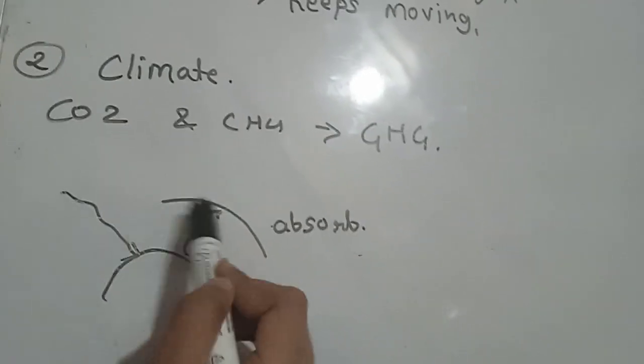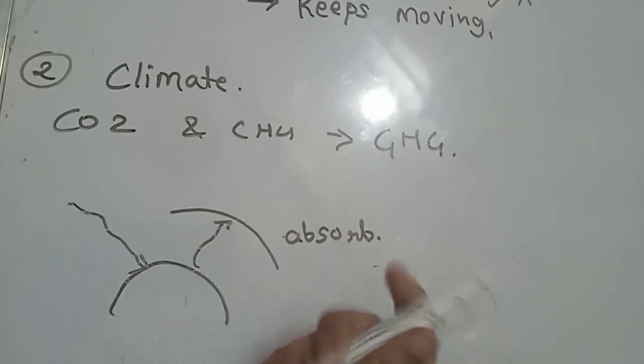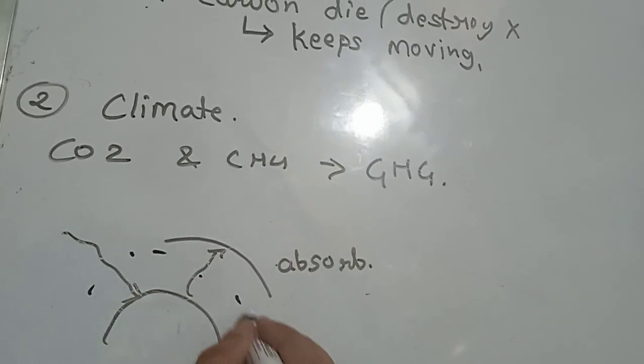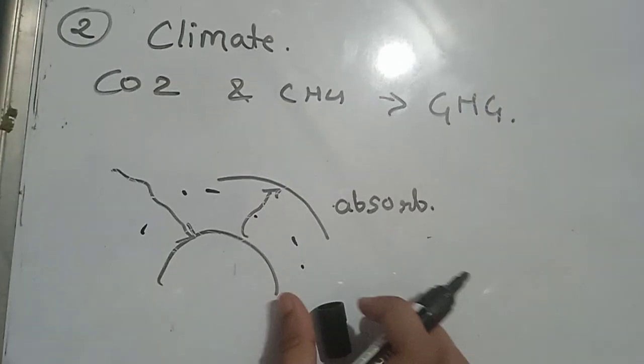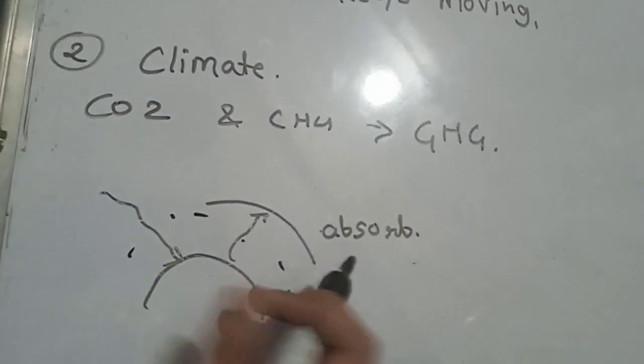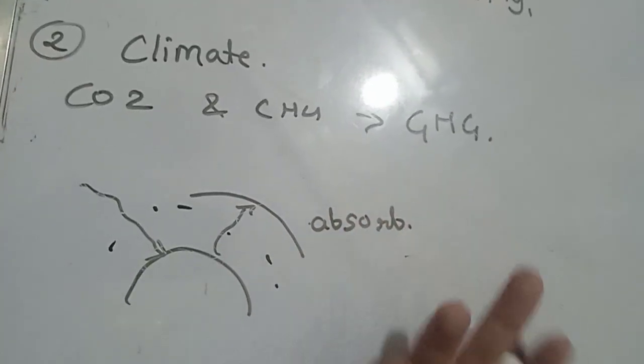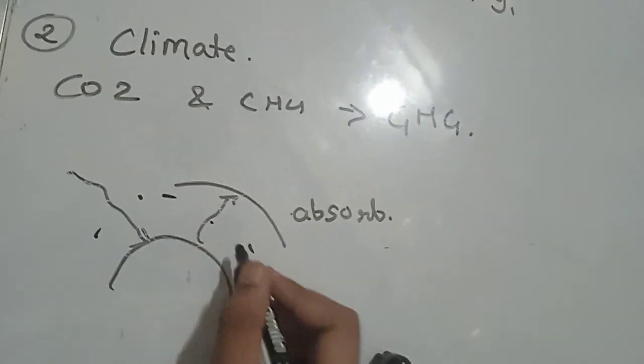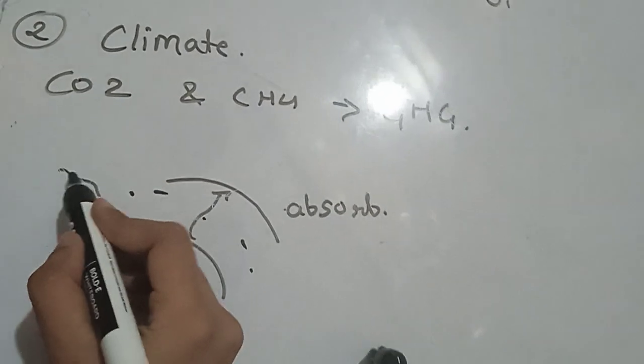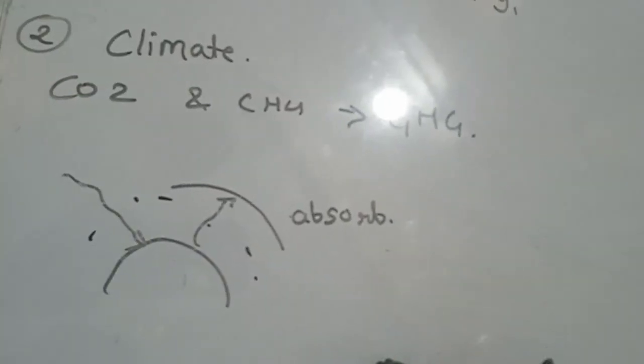So the gases in our atmosphere allow this incoming solar radiation to penetrate and come to earth, because there's a chemical reason also: these gases cannot capture the high energy incoming solar radiation.